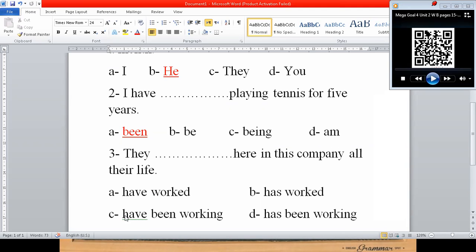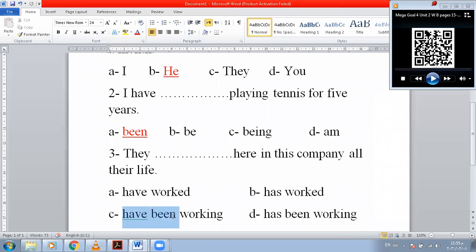Excellent, bravo, Mohamed. Thanks a lot. So the correct answer, guys, is C, have been working, because this is the present perfect progressive, because in the sentence we find all their life. Here we want to say that they continue to work there in this company.